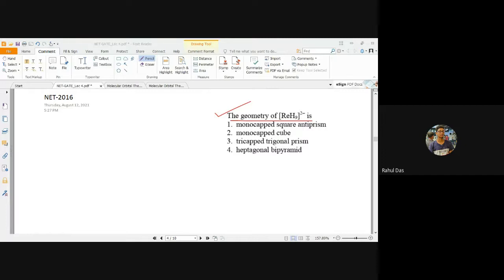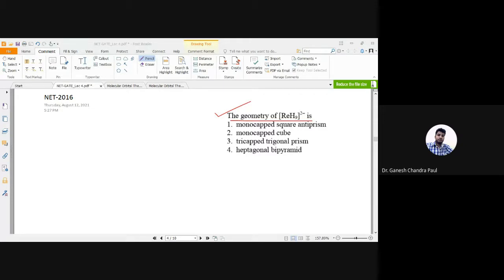Sir, sp3d4, that is the hybridization. Okay, if you are saying it is sp3d4, then what is the geometry? The name of this particular compound is nonahydridorhenate dianion. Okay, rhenium.